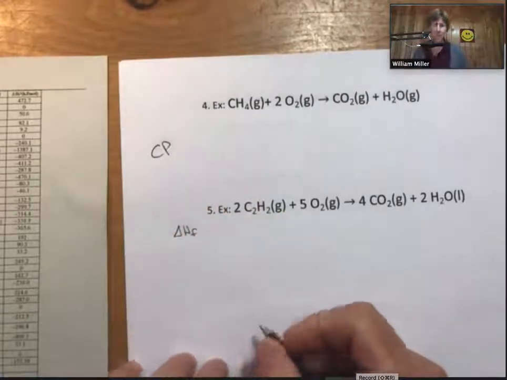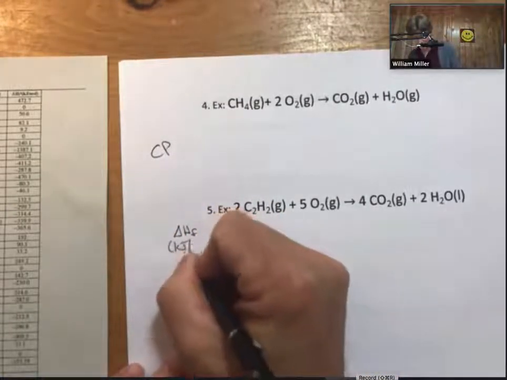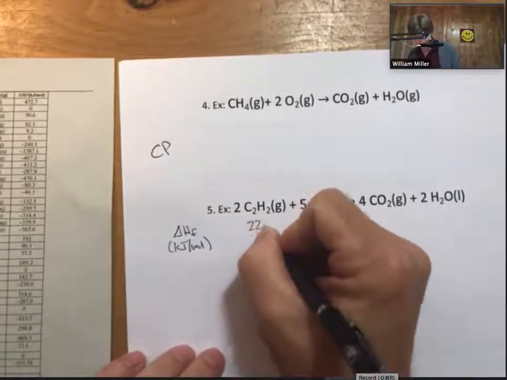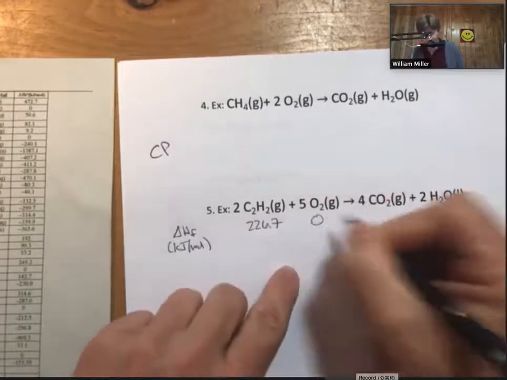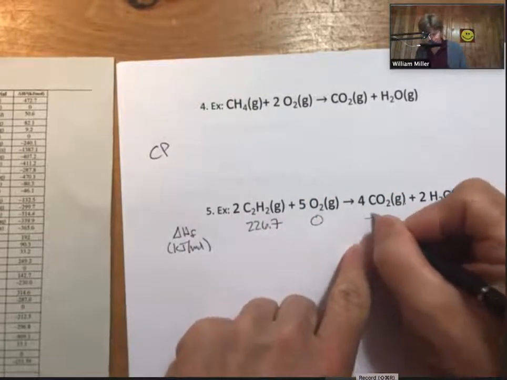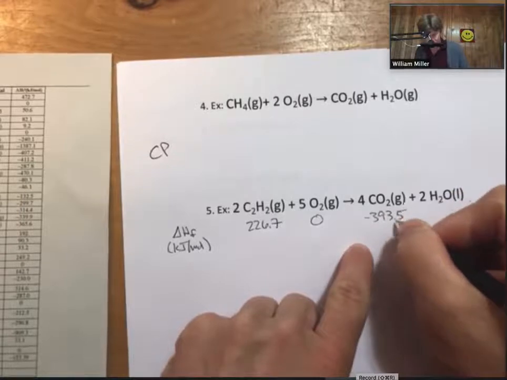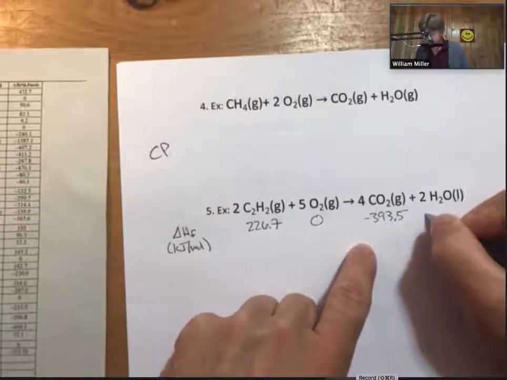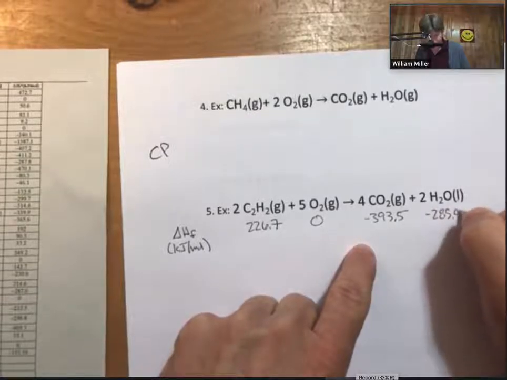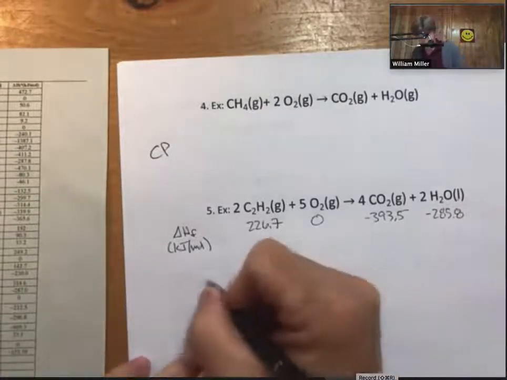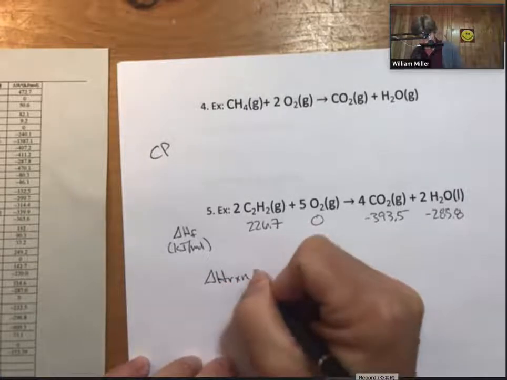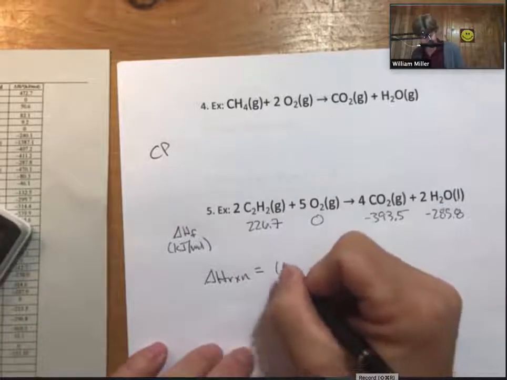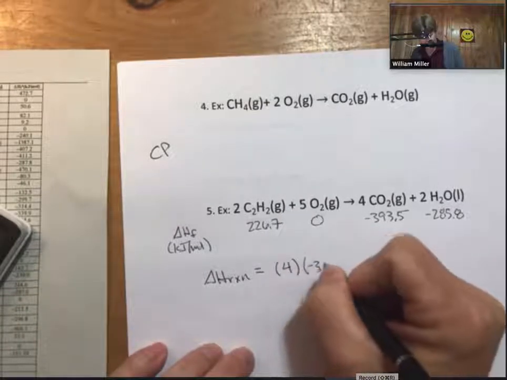Looking up delta H formation values in kilojoules per mole, I have 226.7. Oxygen's just 0. Carbon dioxide. And liquid water here. Good. This time, so products minus reactants using coefficients.